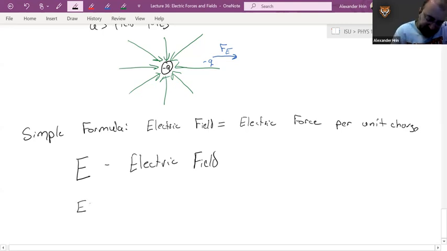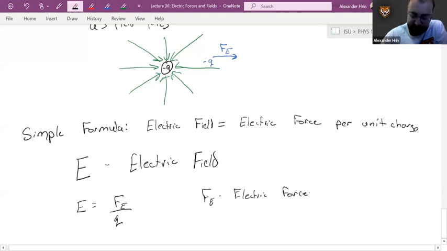And the formula is then that E is the electric force on some charge divided by the magnitude of the charge. So F_E, let me just write that down, is the electric force on an object. And Q is the charge of the object.